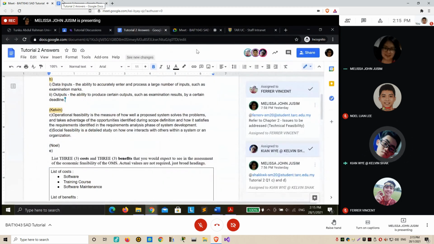Operational feasibility is how the system uses its advantages to satisfy the requirement needed to develop the system.